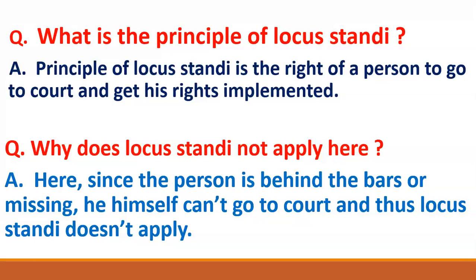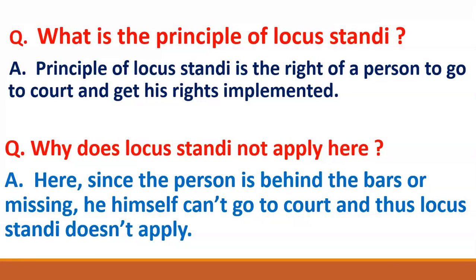For example friends, we all know that under Article 17 we have the right against untouchability. Now suppose any person is trying to practice untouchability with you, he is trying to declare you untouchable. In that case we know that he violated your fundamental right.